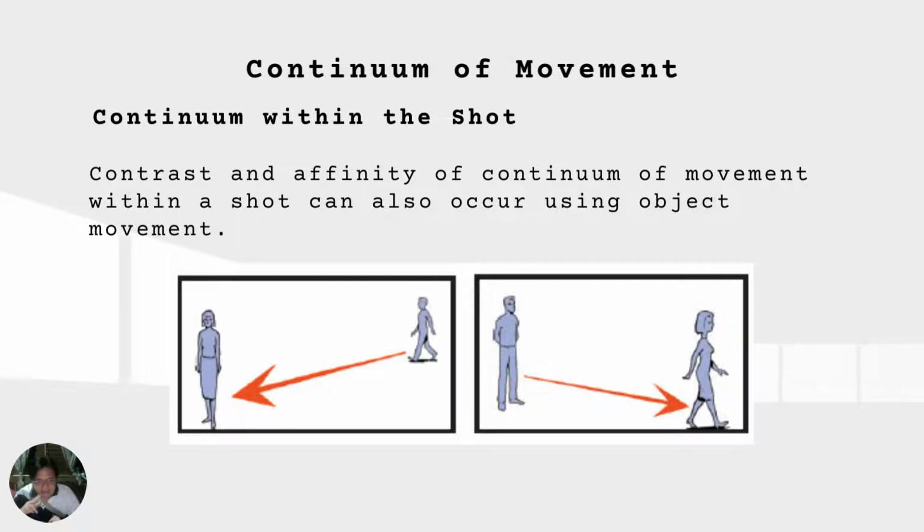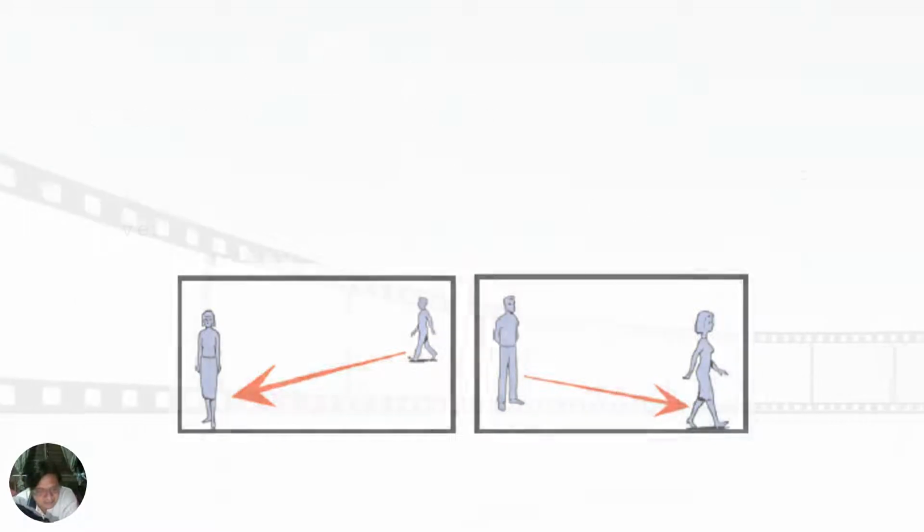So, again, it provides affinity as well as contrast. If the subjects move towards each other, or one subject moves towards another subject, you create affinity. If they move far away from one another, you create contrast.